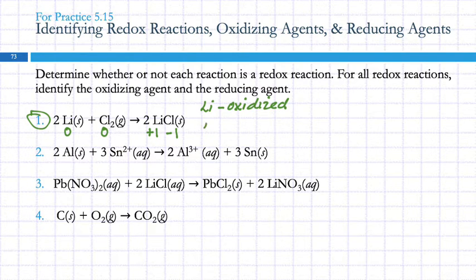And the chlorine is being reduced. So if lithium is being oxidized, it's causing the other thing to be reduced, and so this is the reducing agent. They are exactly backwards. That's the reducing agent. The thing that's being reduced is the oxidizing agent.